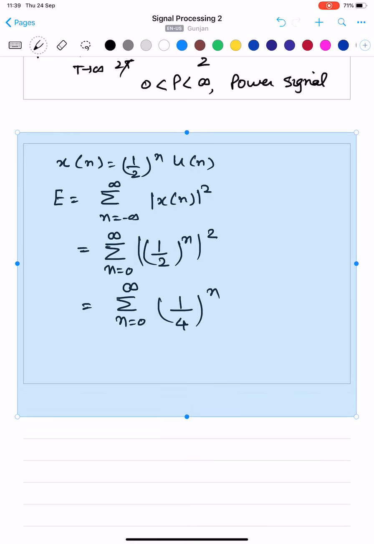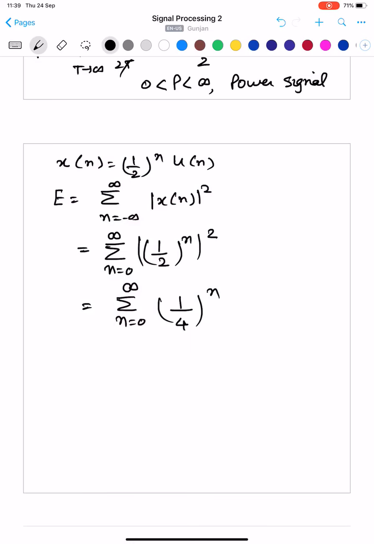If you are familiar with your algebra, you can see that this is an infinite GP. What is GP? GP is geometric progression.